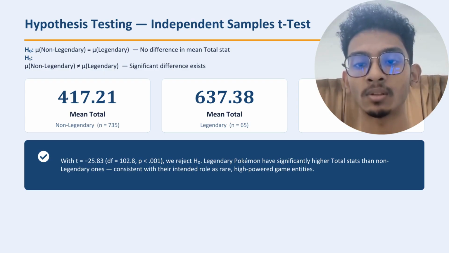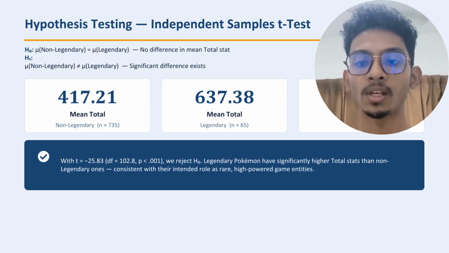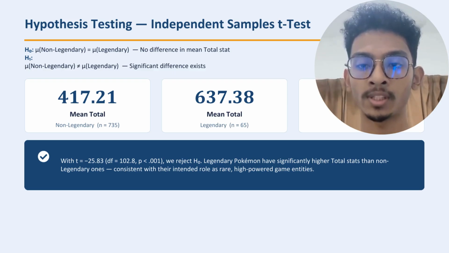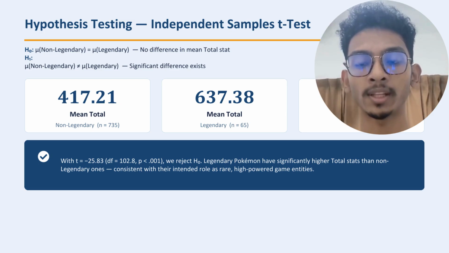The test statistic was t equals minus 25.83 with approximately 102.8 degrees of freedom, and the p-value was less than 0.001. This is far below our significance level of alpha equals 0.05, so we reject the null hypothesis. This confirms what most Pokemon players already know intuitively, that legendary Pokemon are by design dramatically more powerful than the regular ones.